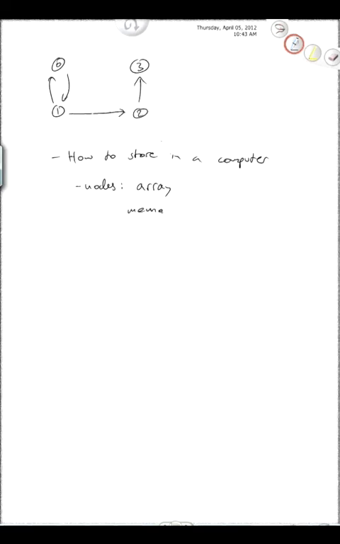So in terms of memory usage, the array takes O of n memory to store all the nodes because it's just going to have one little spot of memory for each node. And if somebody comes along and asks me, can you give me all of the data for node 2, I can access the data for node 2 very quickly in O of 1 time just by jumping to the right spot in memory. So nodes turn out to be relatively easy, but let's think about how to store the edges.